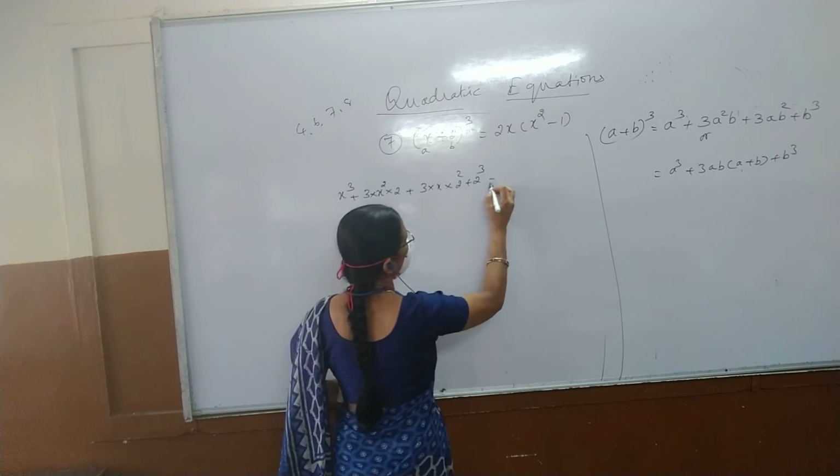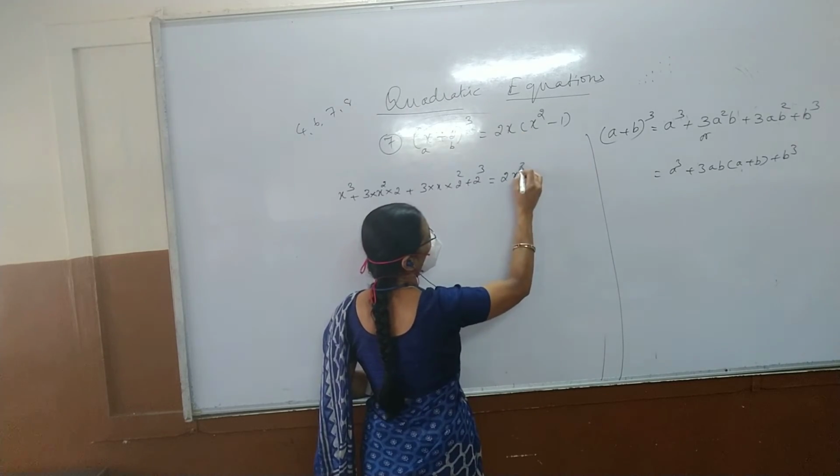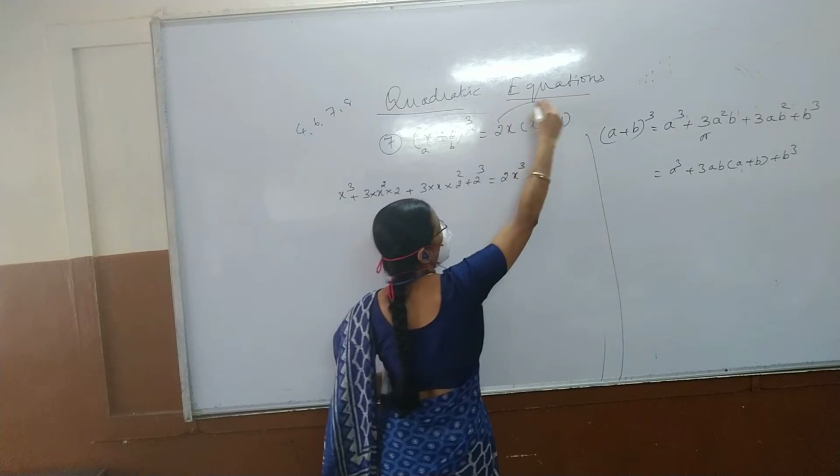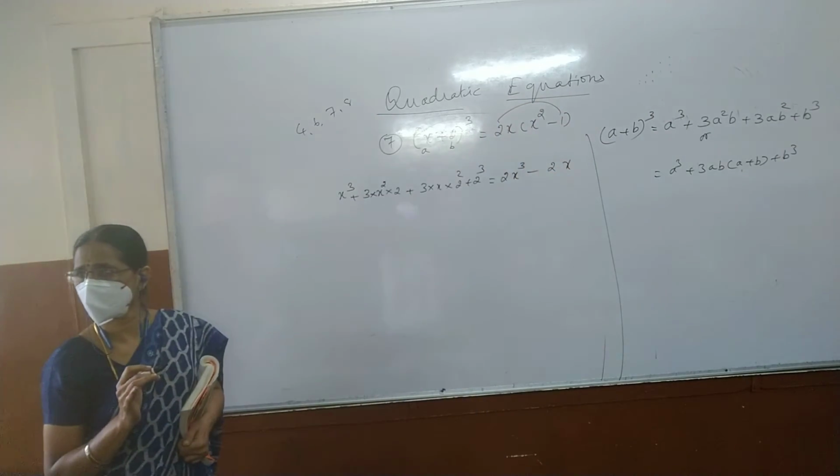No. Which is equal to 2x into x, 2x square, minus 2x cube, x cube, 2x into minus 1, minus 2x. Any difficulty?